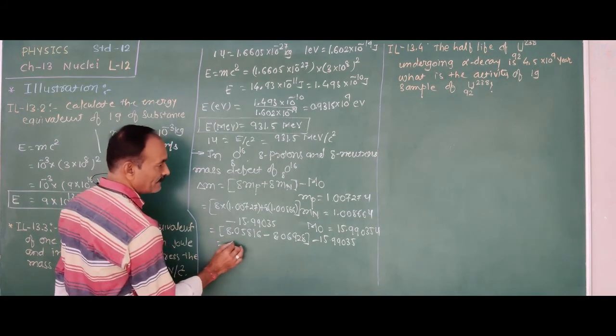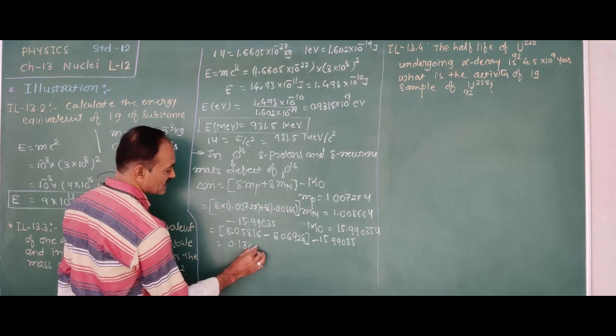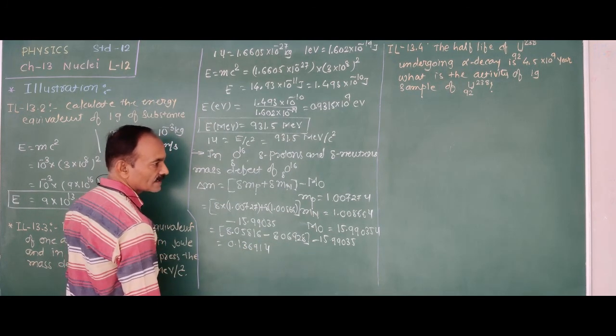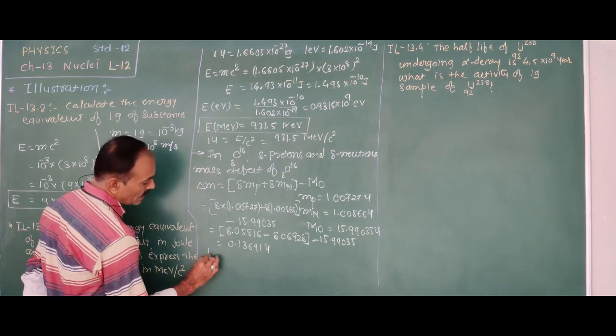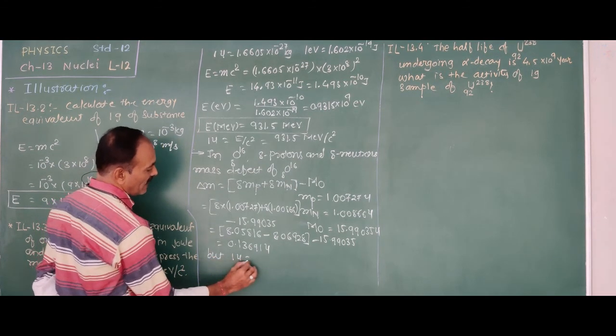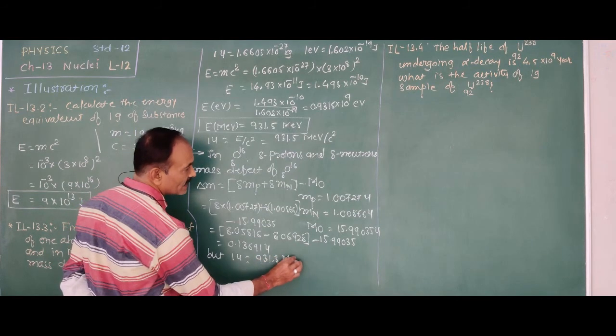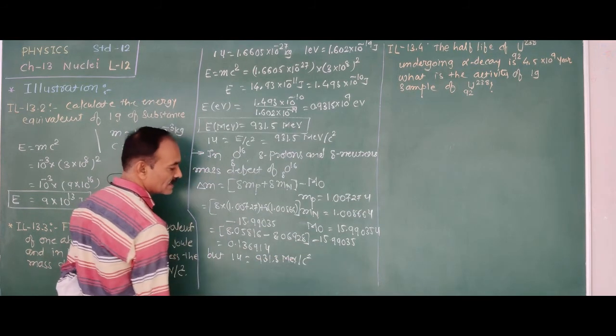Thus we obtain the mass defect is 0.13691 atomic mass unit. But we know that 1 atomic mass unit is equal to 931.5 MeV per c square.